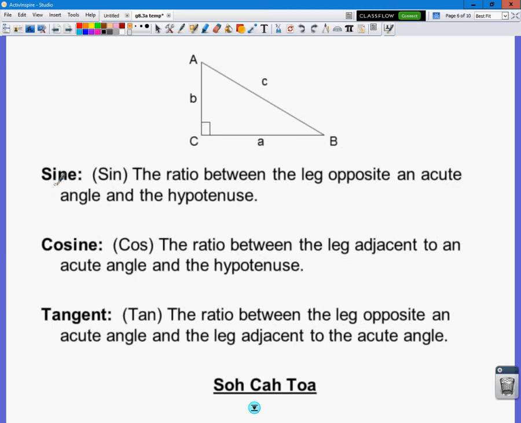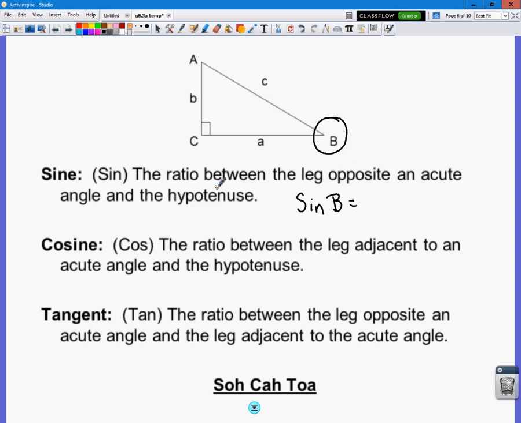So, sine, cosine, tangent are three trigonometric ratios. When you look at your calculator, sine is listed as sin. It's the ratio between the leg opposite an acute angle and the hypotenuse. So if I say sine B, this is an acute angle.